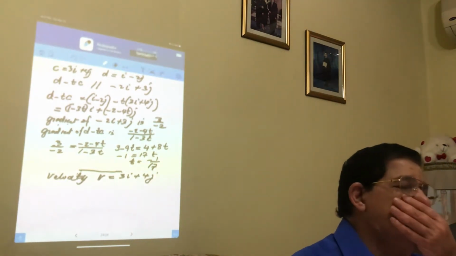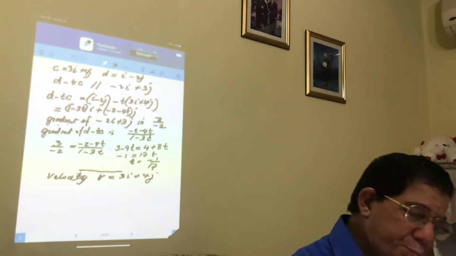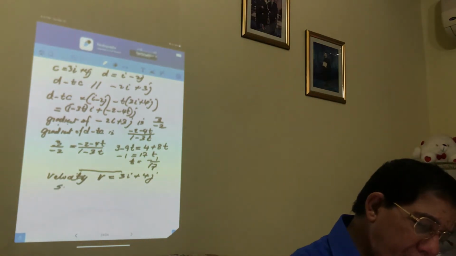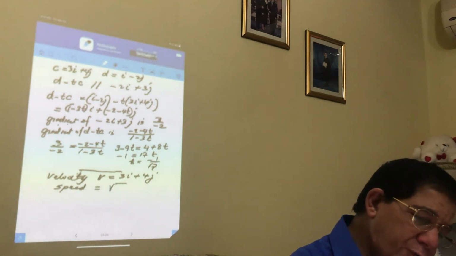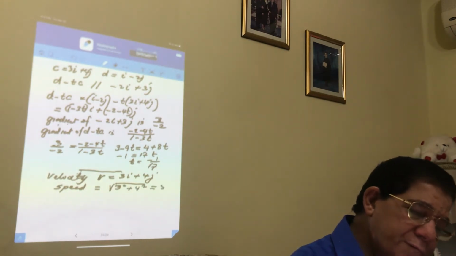We know that the speed is the magnitude of velocity. Speed is the square root of 3 squared plus 4 squared, which is 5.